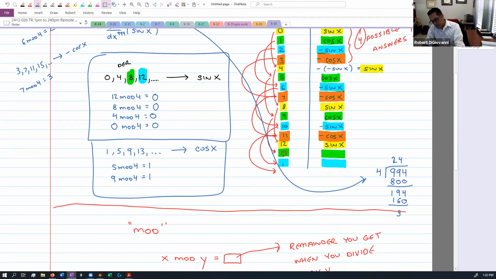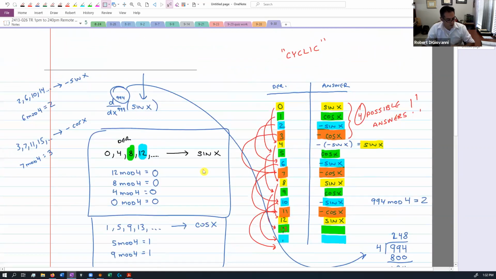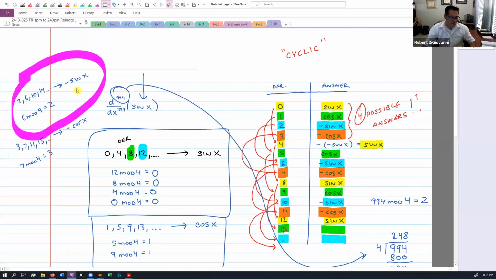That leaves me a 34. 4 goes into there 8 times, and you get 32, and you get a remainder of 2. So 994 mod 4 is equal to 2. That means it falls into this group right here, which means the 994th derivative is negative sine x.